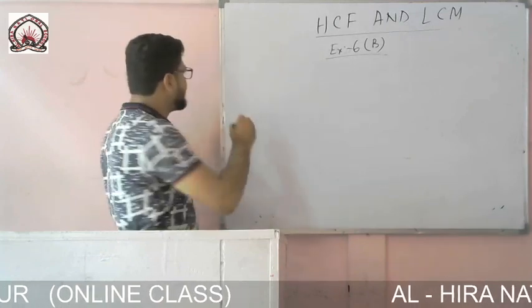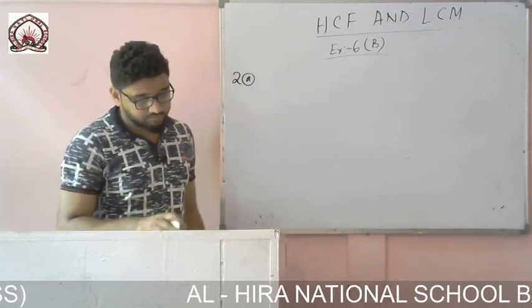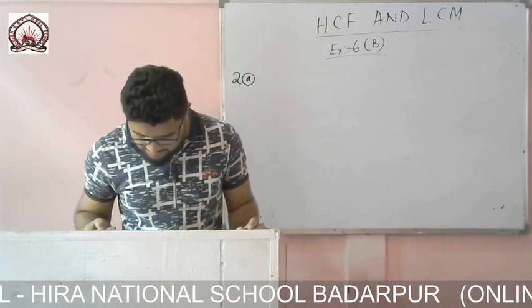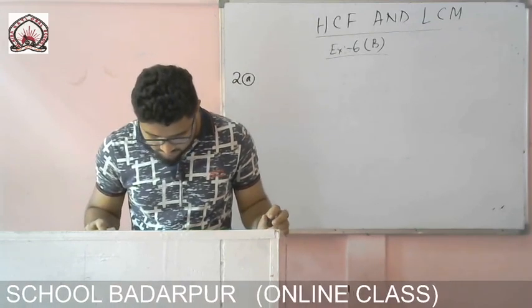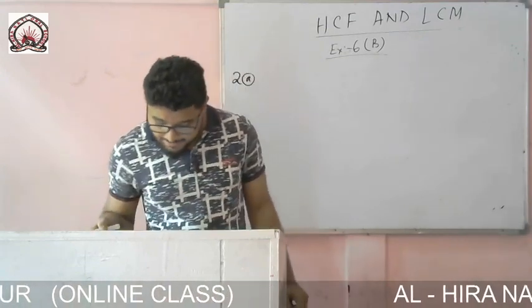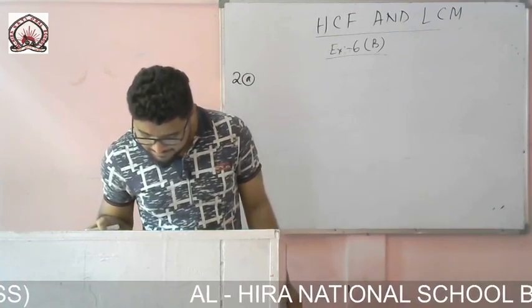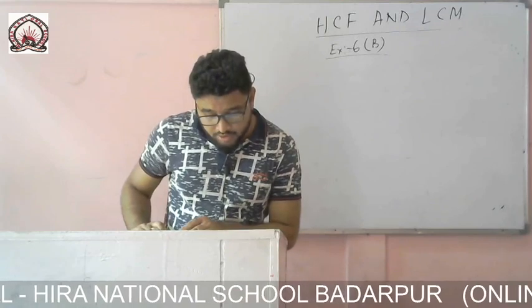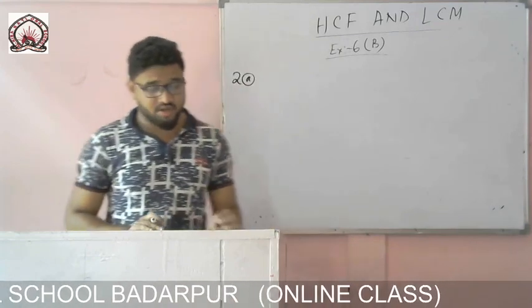So see 2a. 2a, what is there? So write. Whenever we need to find the greatest number that divides 33, 45, leaving 3 as remainder in each case, so write.